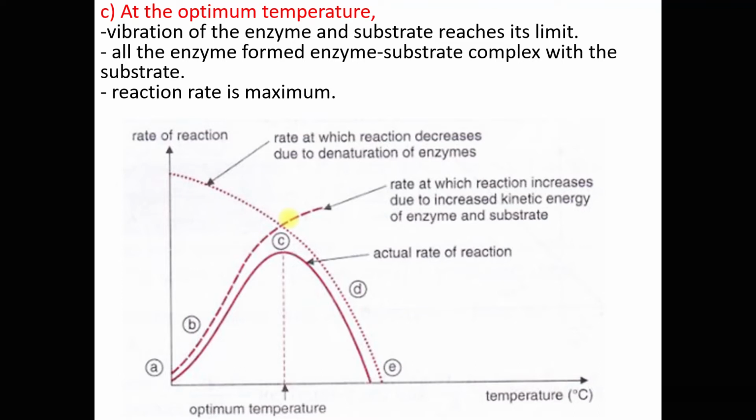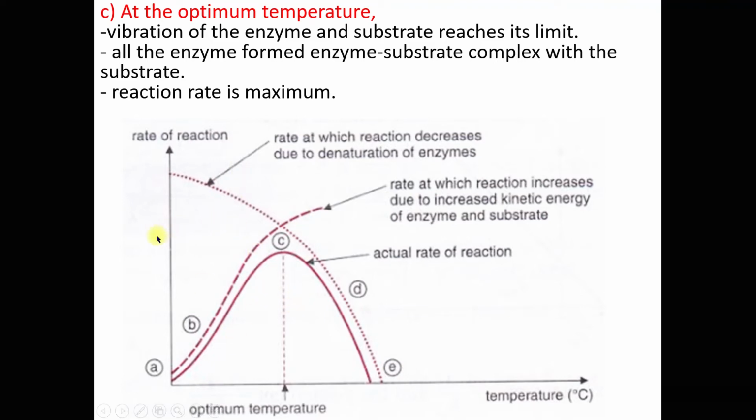No matter how much kinetic energy or temperature you supply to this enzyme or substrate, their vibration has its limit. So at this optimum temperature, both enzyme and substrate vibration reaches its limit.